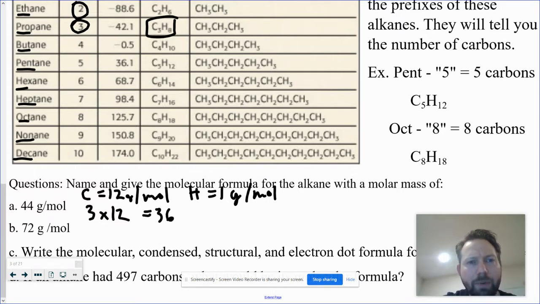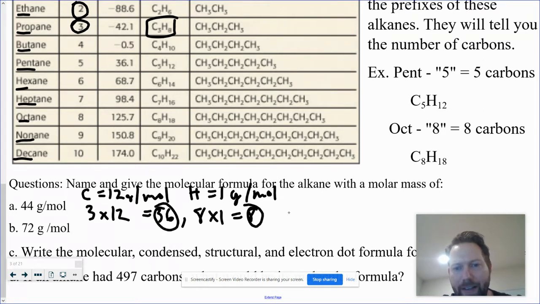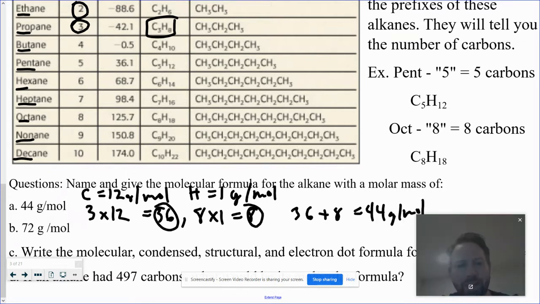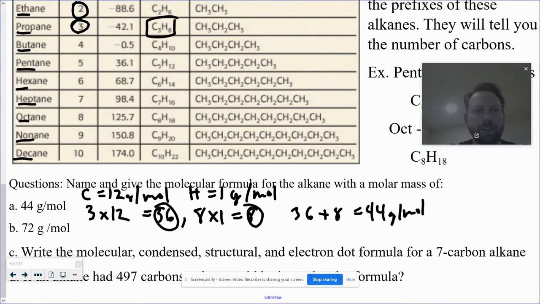Now, if I have 3 carbons, I would have times 2 plus 2, which is 8 hydrogens. 8 times 1. Well, if I take 36 and 8 and add them up, I get 44 grams per mole. So the answer to the first one is propane.